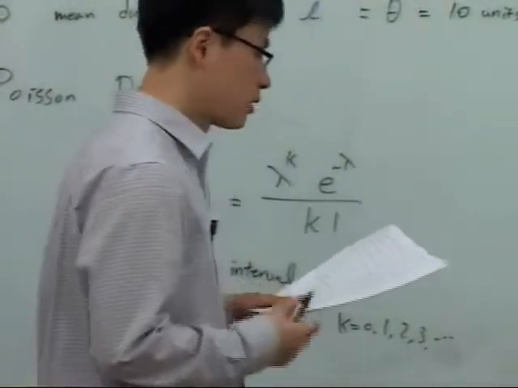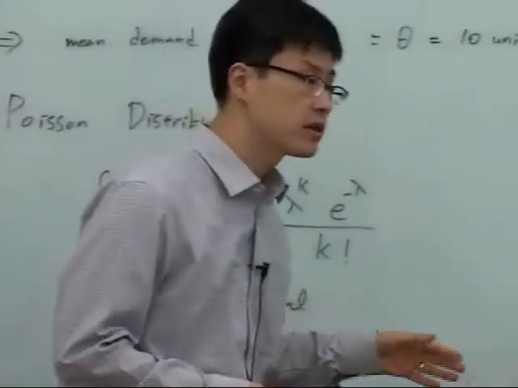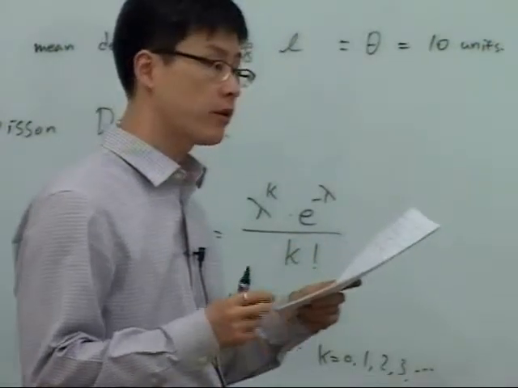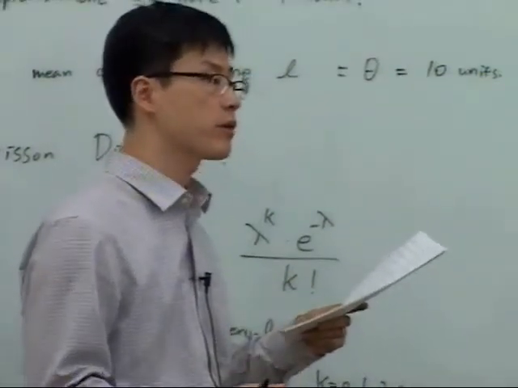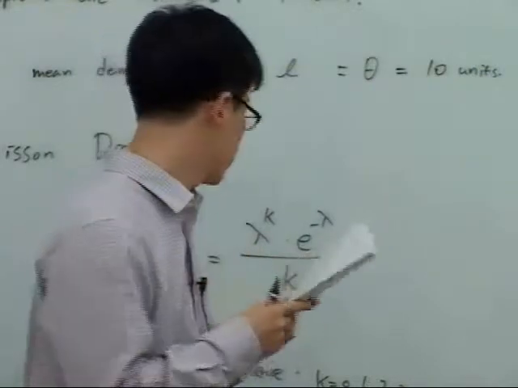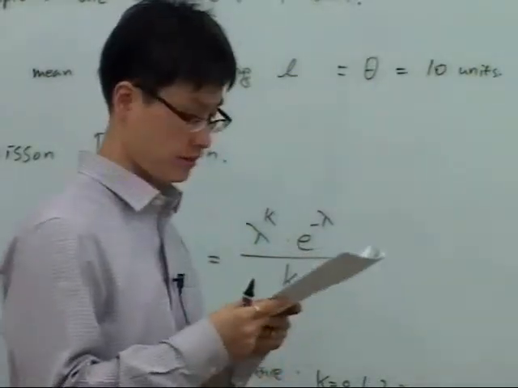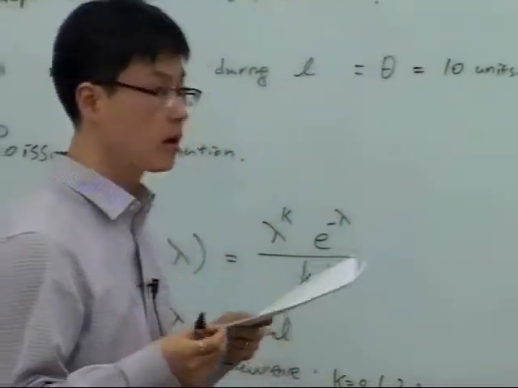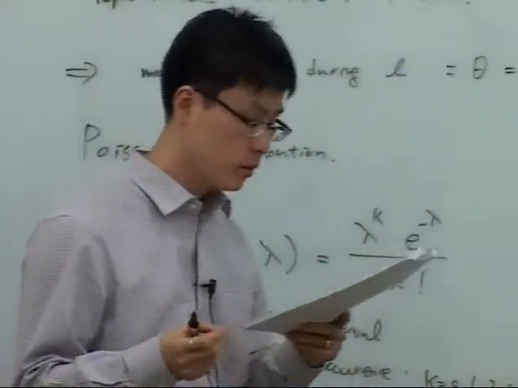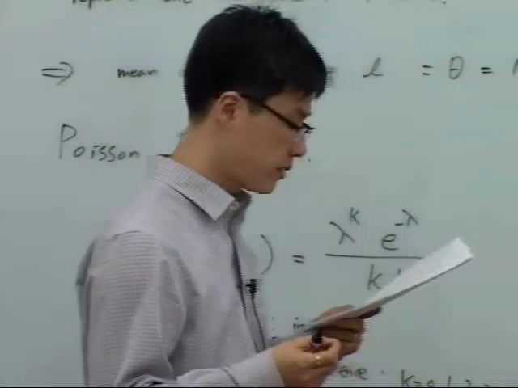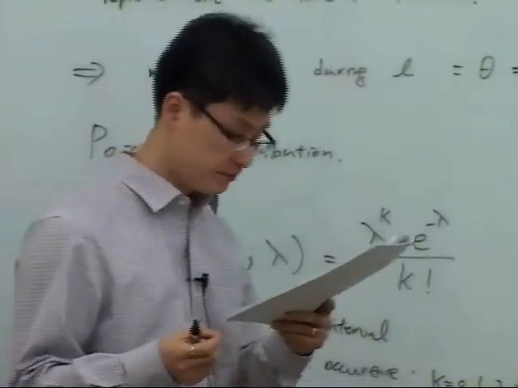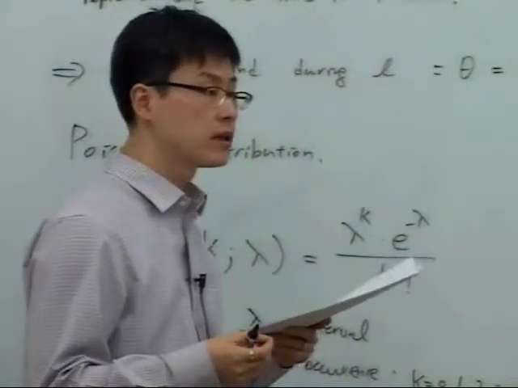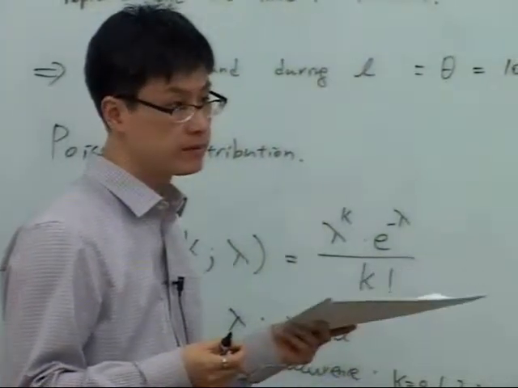So Poisson distribution basically deals with the probability of a number of events occurring during a given interval lambda, if these events occur with a known average rate and independence of time is maintained.